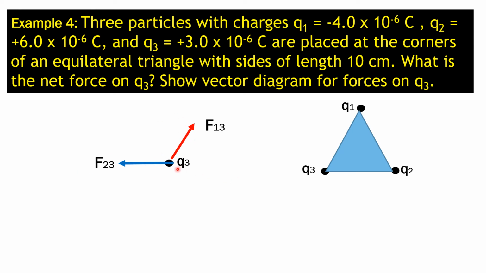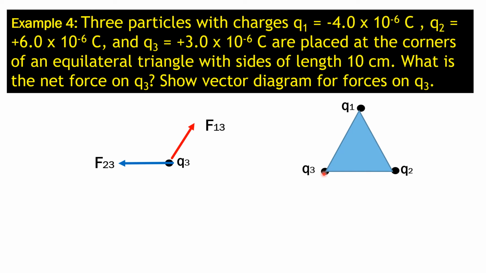How do I know that the force exerted by charge Q2 on Q3 is to the left relative to Q3? It is because when you look at the given charges Q2 and Q3, Q2 is positive and Q3 is also positive. So these two charges will be repelling each other.